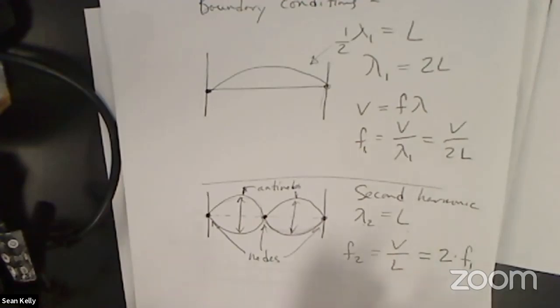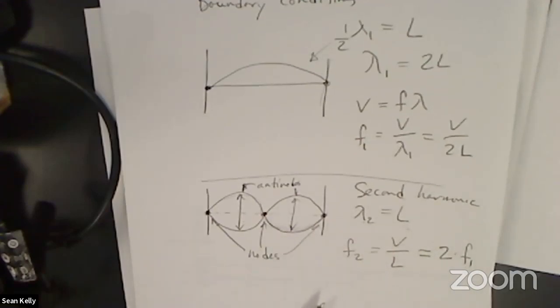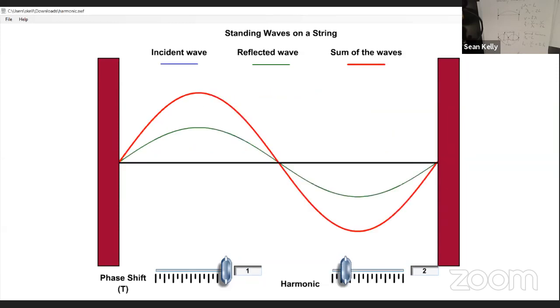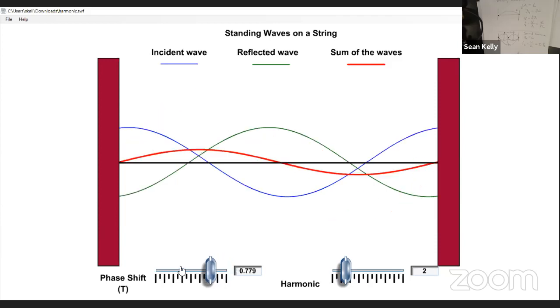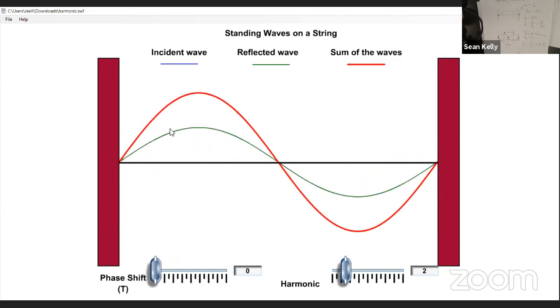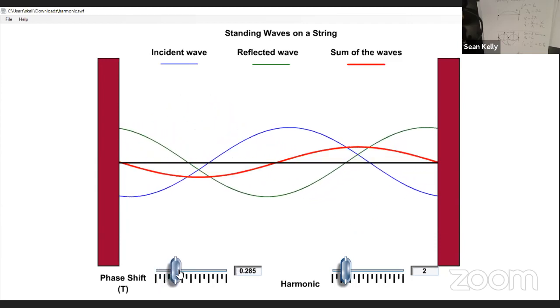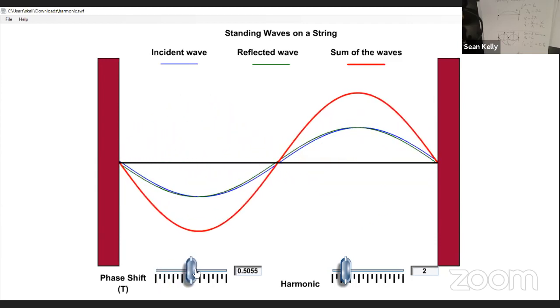And so we actually believe that our strings in string theory have this ability. So if I jump to the second harmonic, now I see this wave, and I reset it, but anyways, okay. So I see the blue and the green, and again, watch the red line, and it does this oscillation.